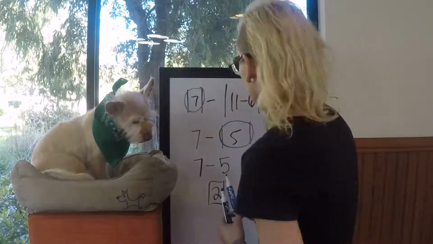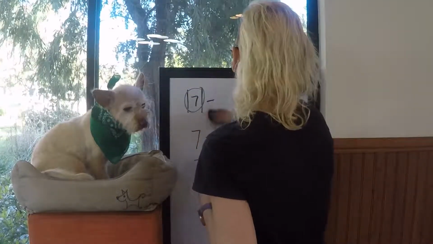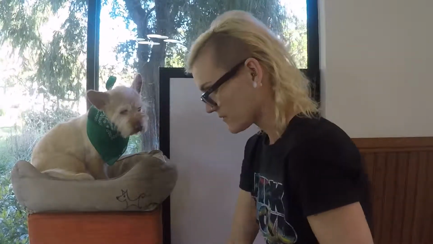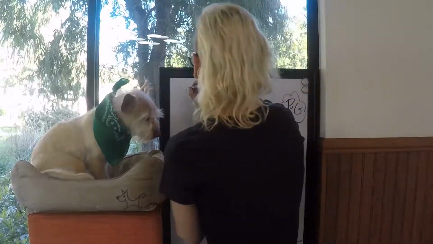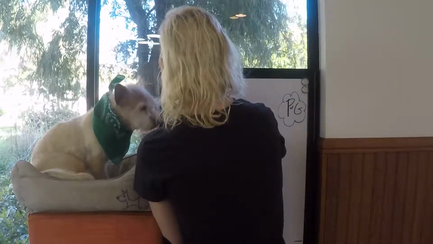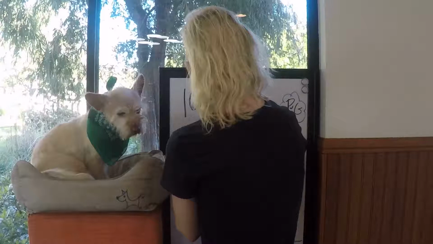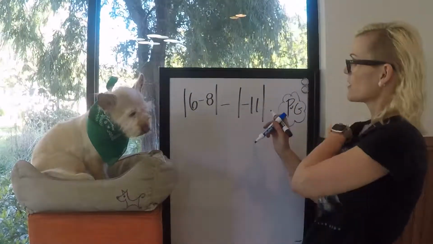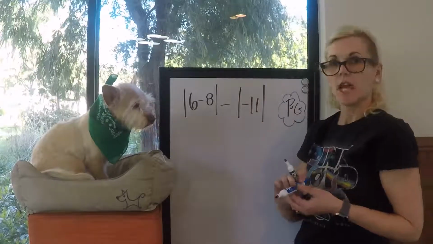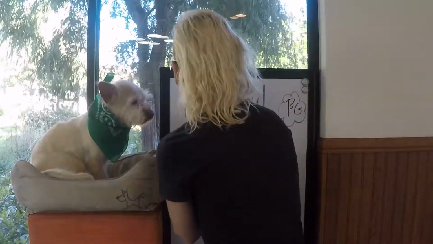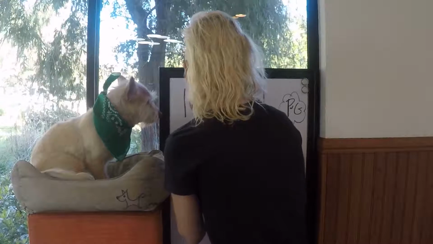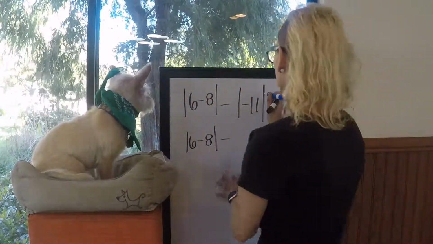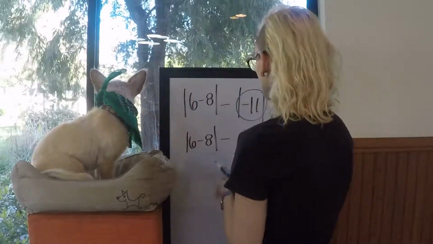We're going to do one last one. We've got the absolute value of 6 minus 8 minus the absolute value of negative 11. I'm going to bring down everything we haven't used. We've got 6 minus 8 minus, and we can go ahead and take the absolute value of negative 11, which is 11.